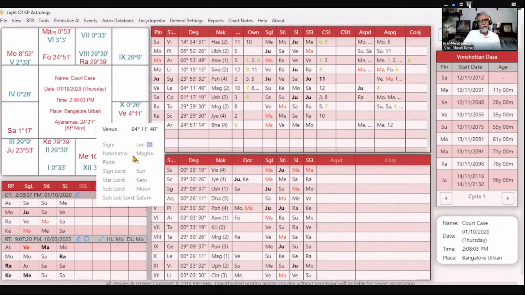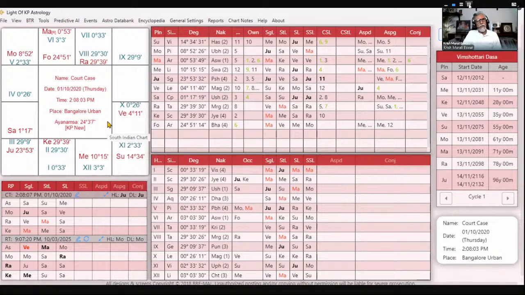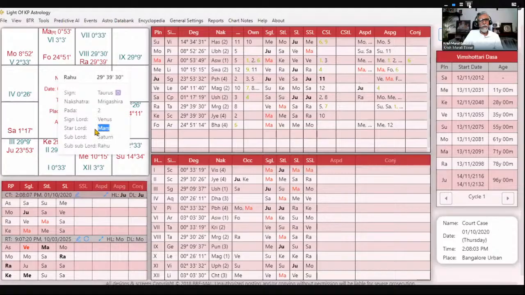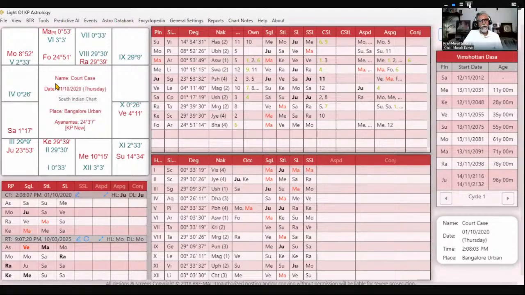Venus in the star of Ketu. Ketu is deposited in the 2nd house, aspected by Rahu in Mars star. Mars in the 6th house, Rahu in the 8th house. Finished. Serious problem. And Mars also is retrograde.